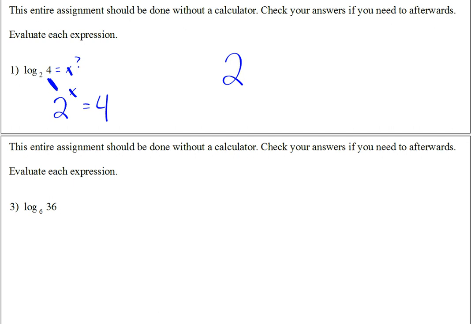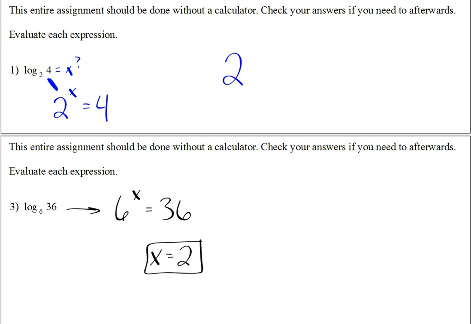Alright, number 3, just looking at the odds here. What does log base 6 of 36 mean? It means, 6 to what power equals 36? If we write this as 6 to the x equals 36, then x is going to be equal to 2.